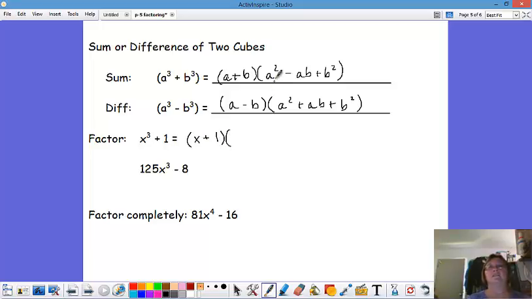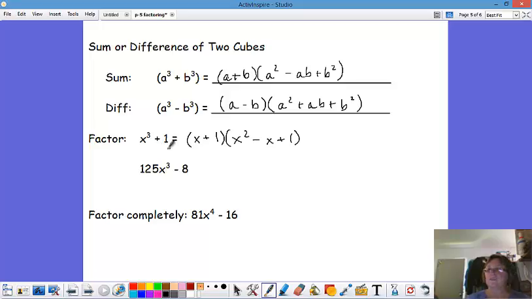The second part has to be the square of this guy, so x squared, minus x times 1, so minus x, and then plus 1 squared. And we factored that by using that factoring pattern.